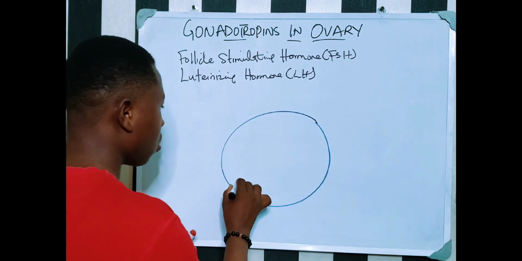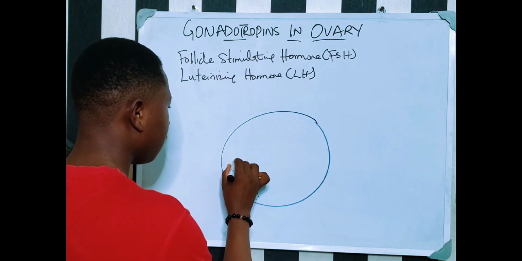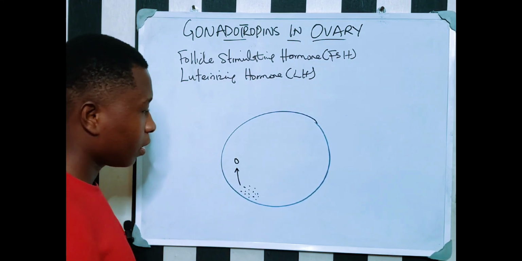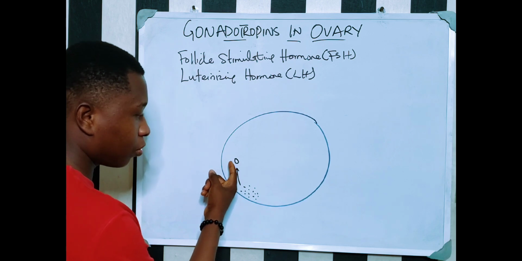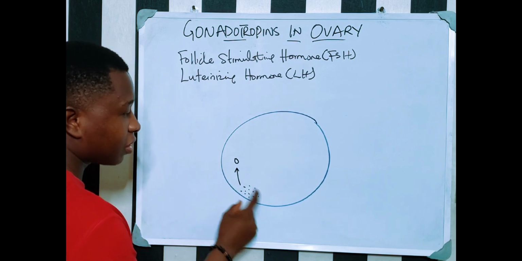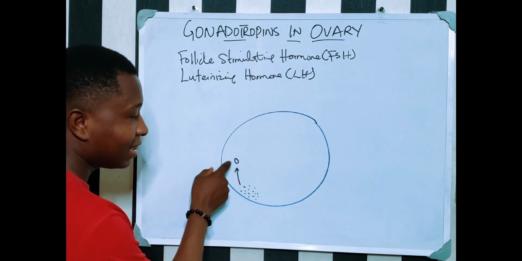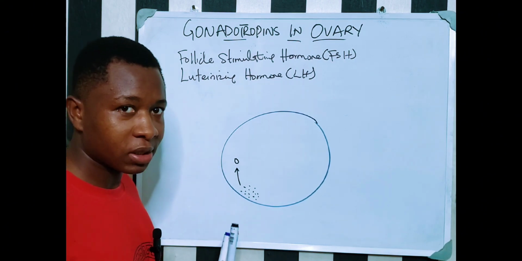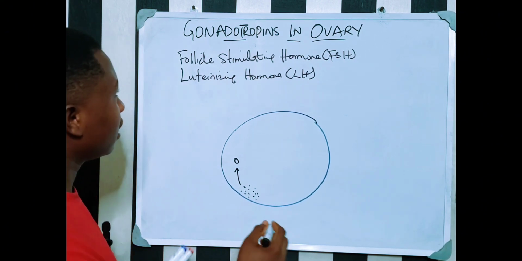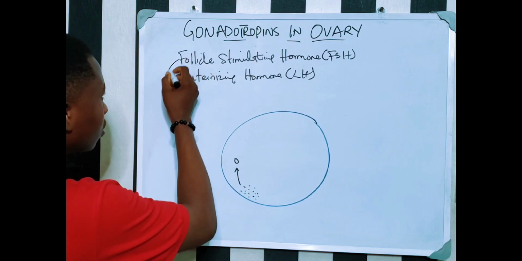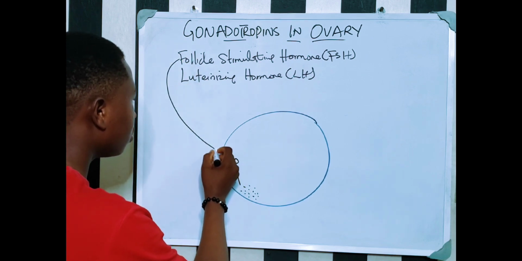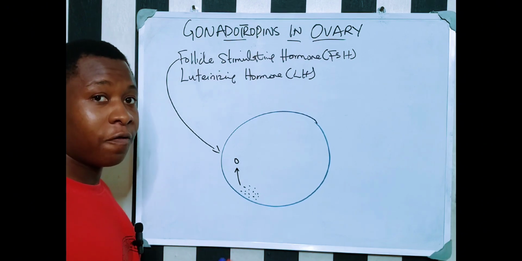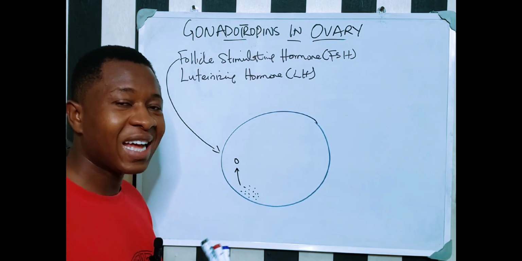The primordial oocyte matures to form the primary follicle. At this stage, this egg is dormant until the follicle stimulating hormone comes down to stimulate this egg to produce follicles, to produce cells that will guard it.